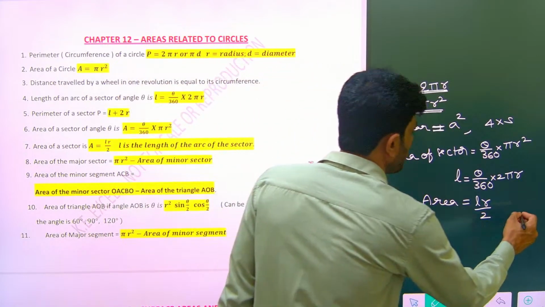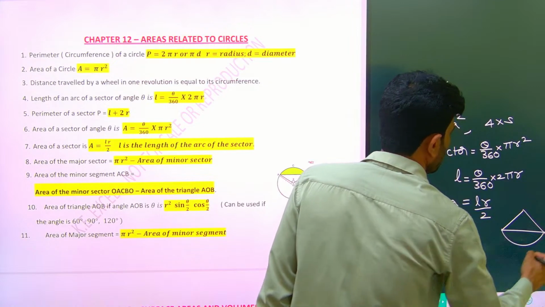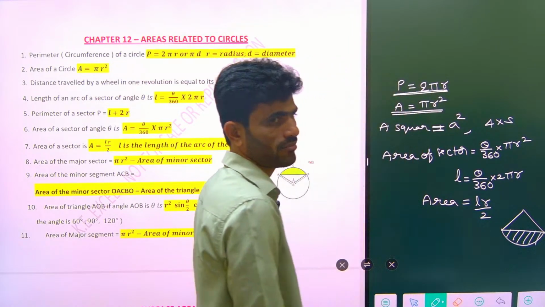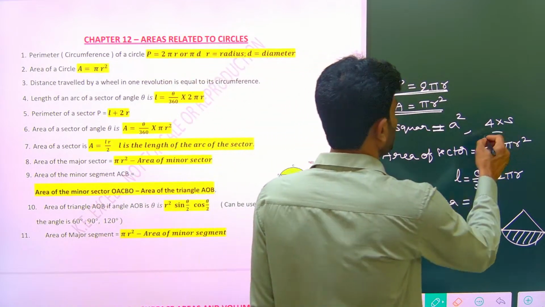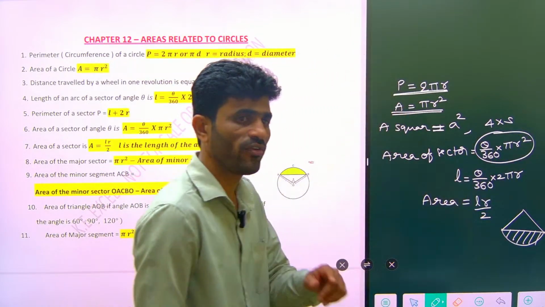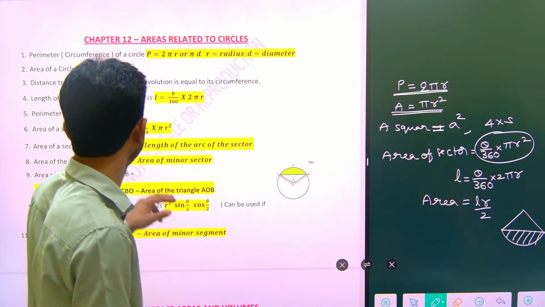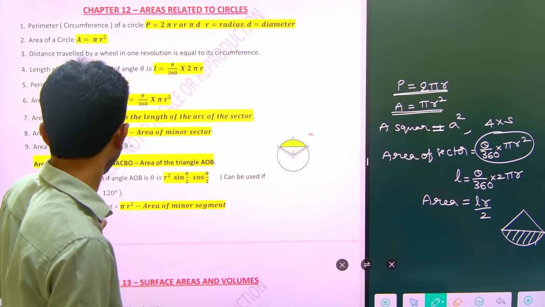Area of segment we need, very important. How do we find the area of a segment? Area of sector minus area of triangle. Area of sector formula we know. But the area of the triangle, according to the angle given, we have to select, I said. If angle is given as 90 degrees, half into base into height.